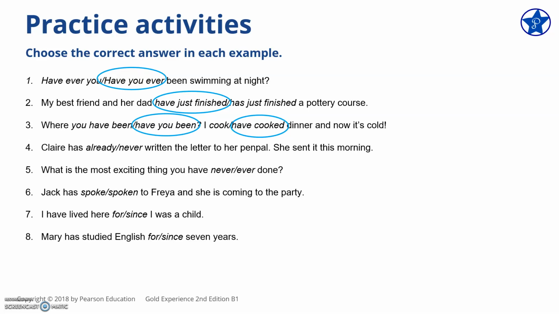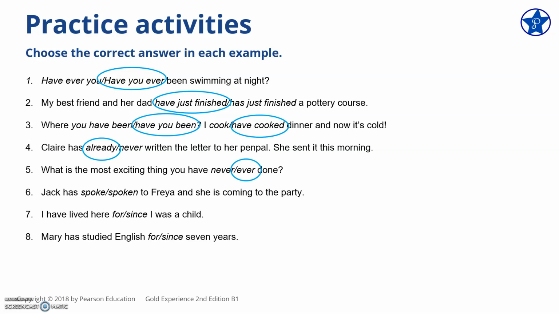Number 4, Claire has already written the letter to her pen pal. She sent it this morning. Number 5, what is the most exciting thing you have ever done? Again, this is a very typical mistake for Spanish students, so please be careful. We ask questions with ever.